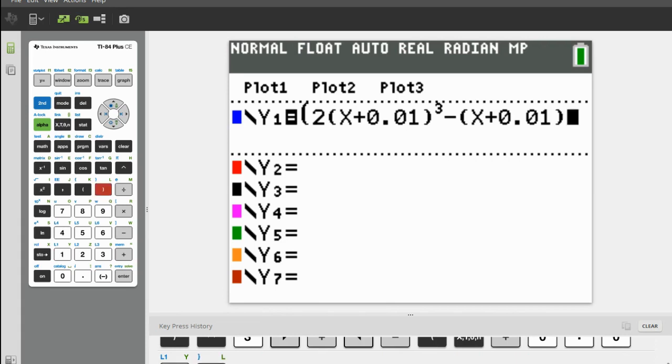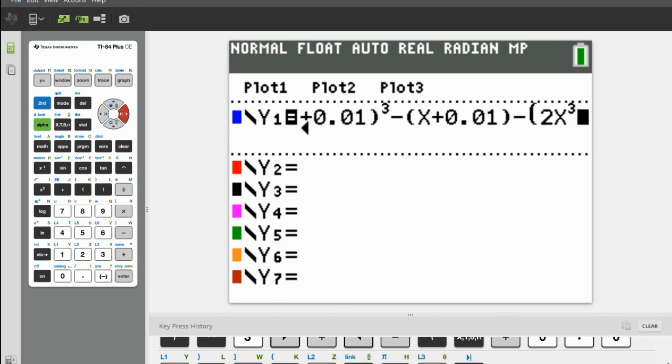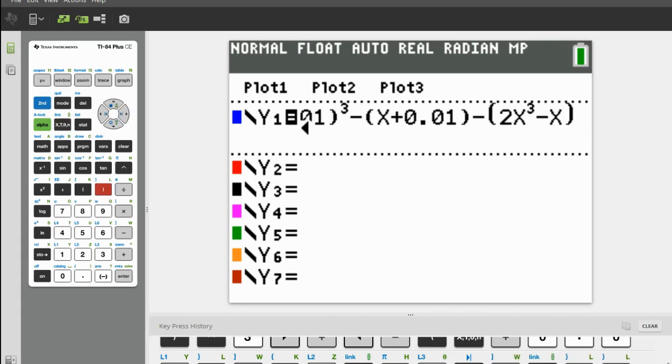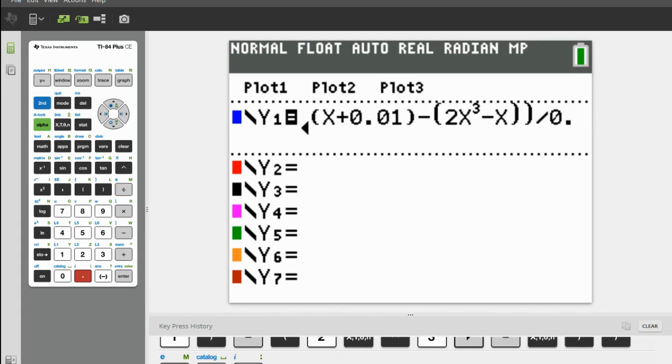Okay, so that's f of x plus h minus f of x. So minus (2x cubed minus x). And notice I need a lot of parentheses for this. Divided by 0.01. Let's go ahead and graph that.